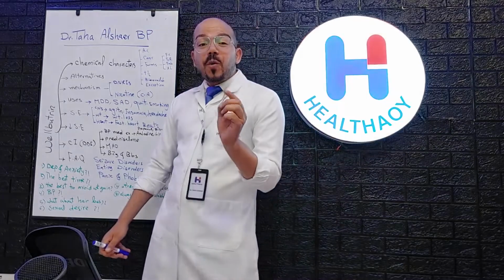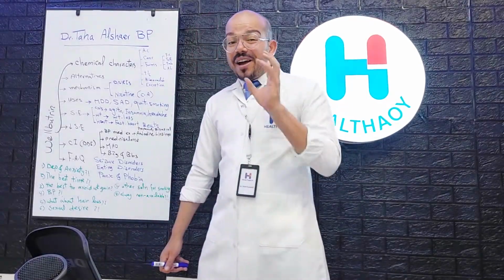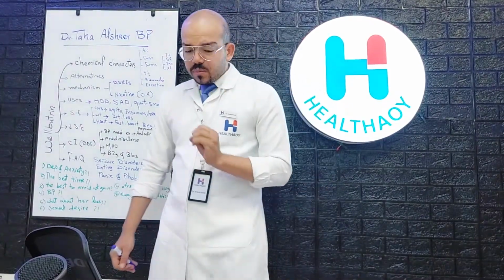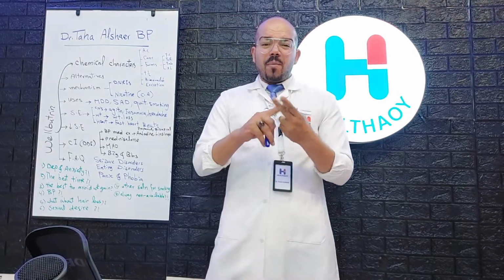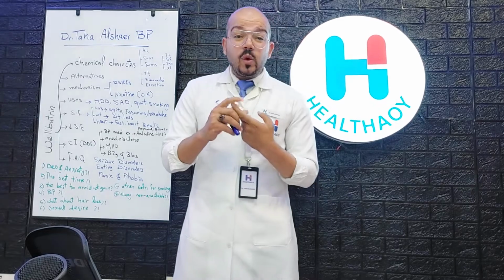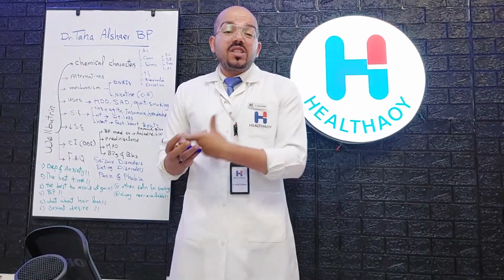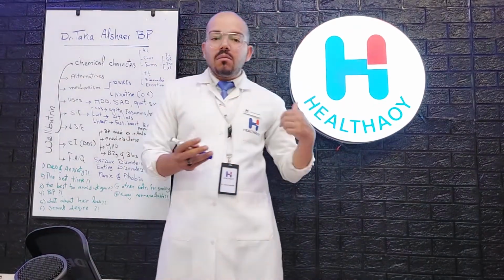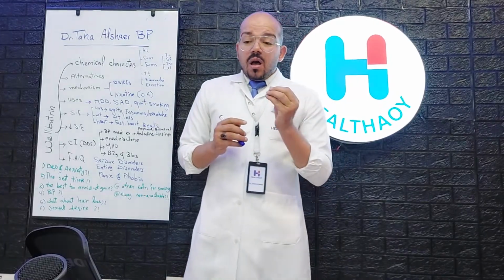Doctor, I suffer from bipolar disorder. Can I take Wellbutrin? Usually there are 2 types, bipolar type 2 and bipolar type 1. Bipolar type 2 is where the person suffers from depressive episodes more than manic episodes, okay?